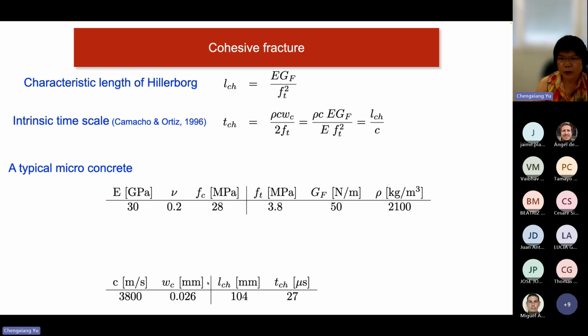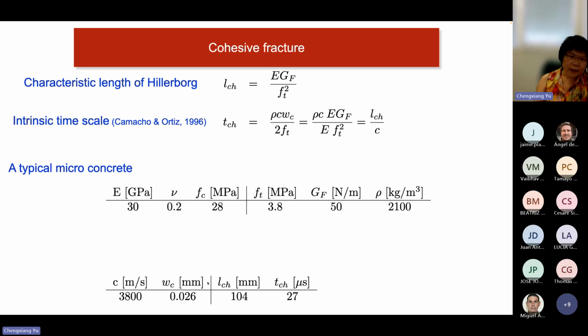Then I put in the parameters for a typical microconcrete, whose maximum aggregate size is about 5 millimeters. The elastic modulus is 30 gigapascals, with the Poisson's ratio, the compressive strength, Ft the tensile strength, and Gf the specific fracture energy, which is smaller than for normal concrete, and rho the material density.